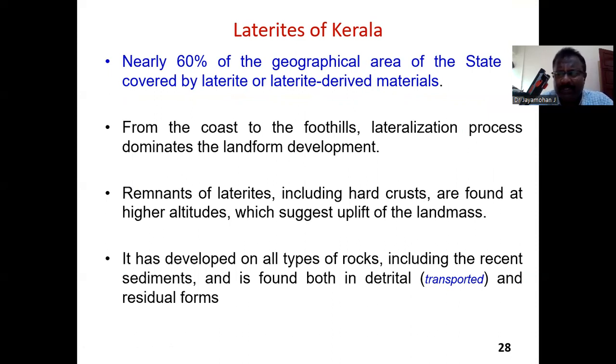The process of laterization dominates the landform development in the state of Kerala. Even at high altitudes, the remnants of laterites, hard caps, are found. It has developed on all types of rocks, including recent sediments and transported residual forms everywhere.